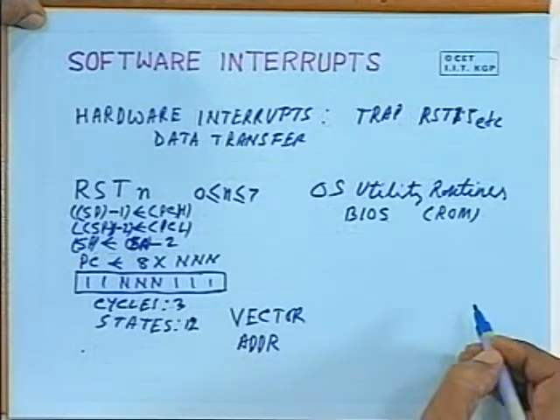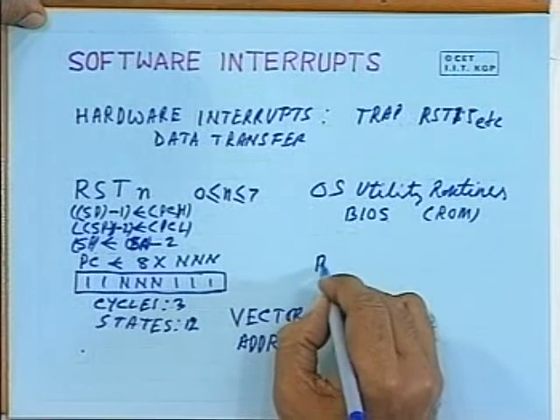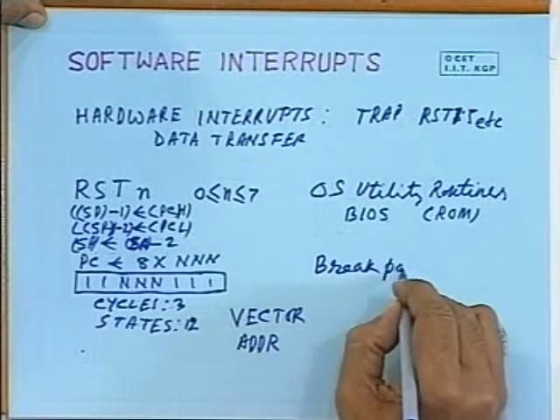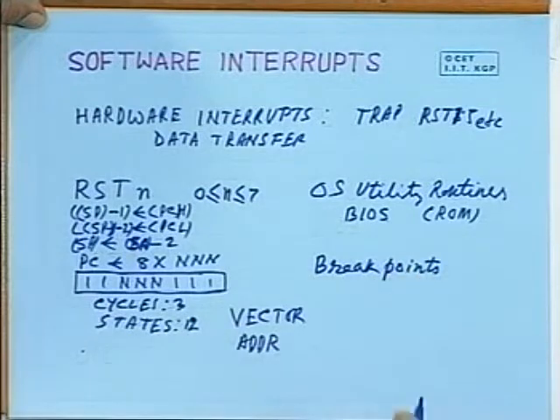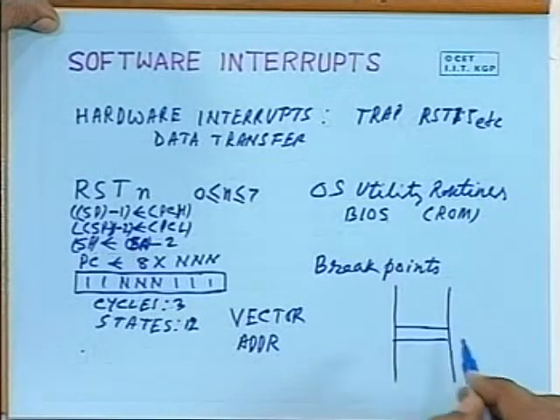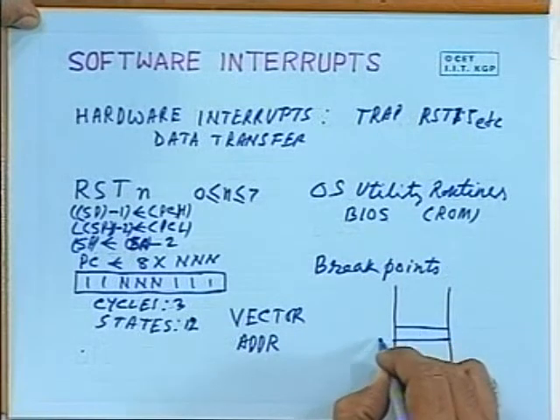Another important use of software interrupts is implementing breakpoints. Later on, when we shall be discussing program debugging, you will see a technique known as breakpoint will be used. Breakpoints are nothing but in your program at some crucial points you want to insert a breakpoint.